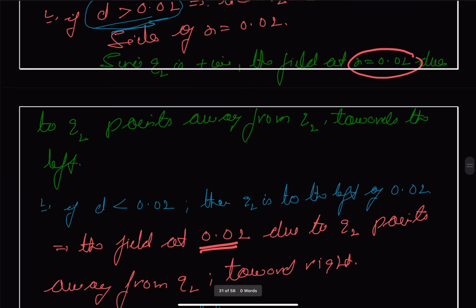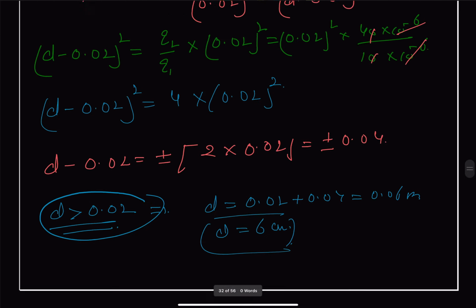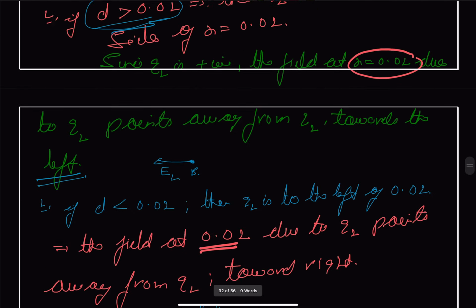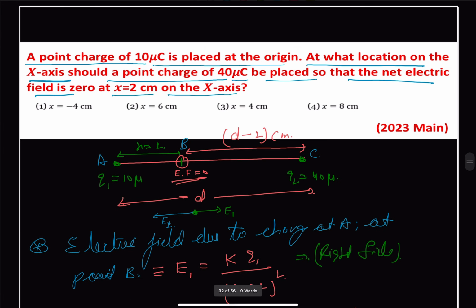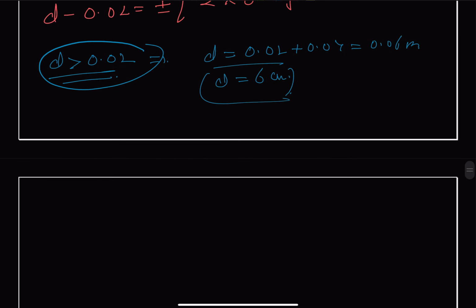This will be our E2, and this is our point B. So we get 6 centimeters. So option 2 is correct.